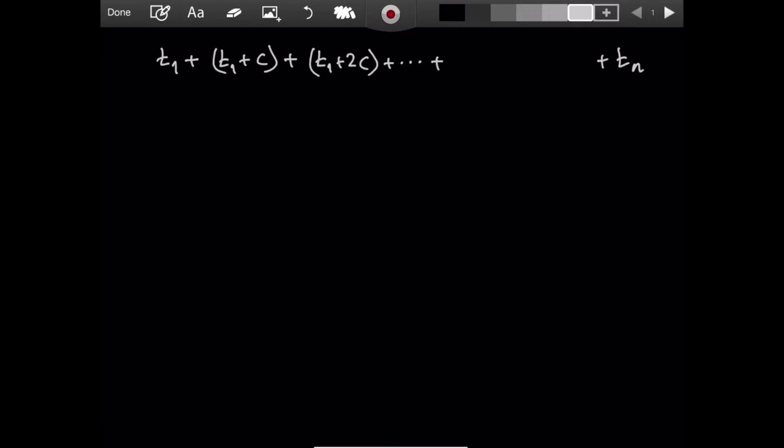And the term before this will be, since this is an arithmetic series, tn minus c. And the other one will be tn minus 2c. Alright? And you can see that this is the case, because if you add c to this term, you get this. And if you add c to this one, you get the last term.